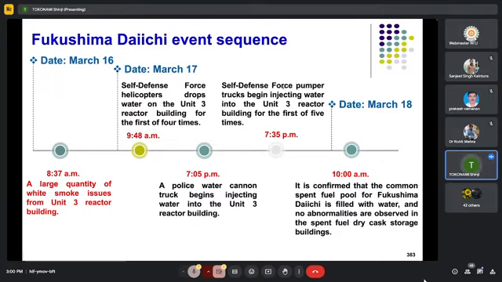Self-Defense Force pumper trucks begin injecting water into the Unit 3 reactor building for the first of 5 times at 7:35 p.m.